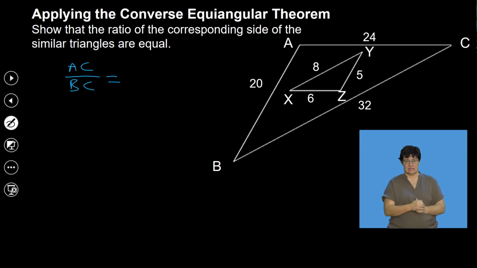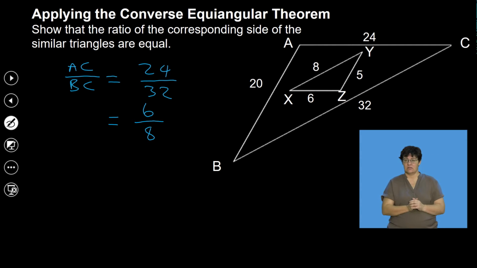This will be equal to AC, which is 24, over 32. And then the answer, which is the ratio, if I divide both these by 4, because that's my highest common factor, will be 6 over 8, right?